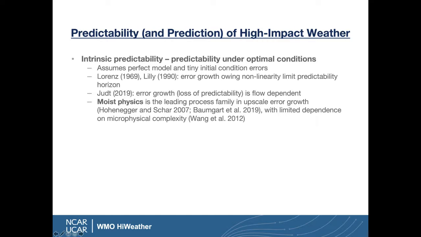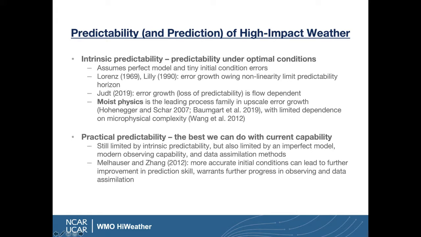These are primarily driven by moist processes within the model, and that error growth is essentially unavoidable within a modeling system. So no matter what we do, there are certain processes and aspects of a prediction that we simply will never be able to accurately predict because it lies within this intrinsic predictability threshold.